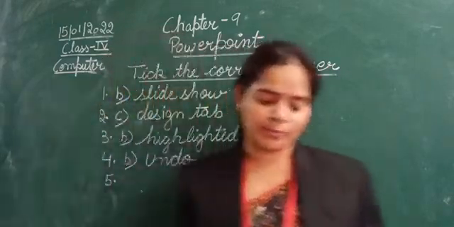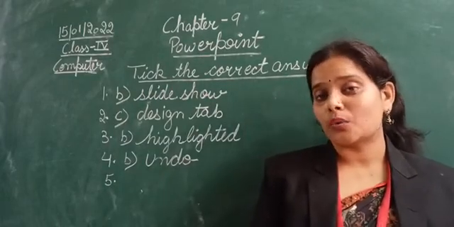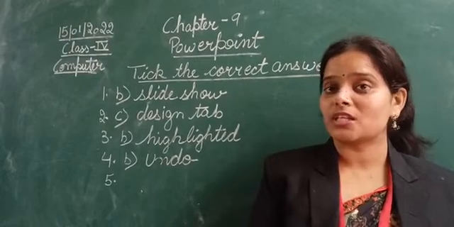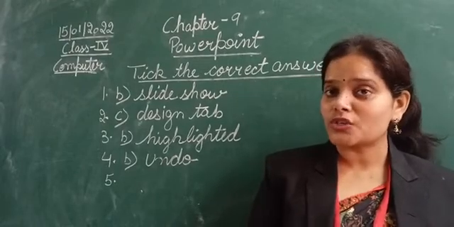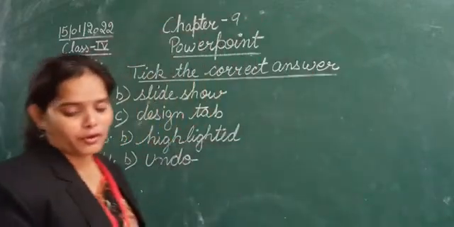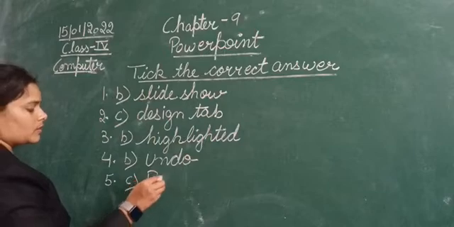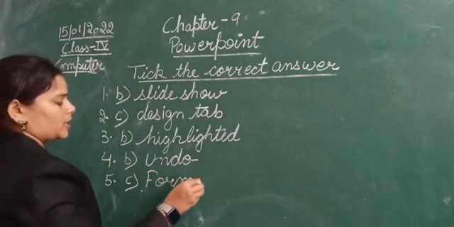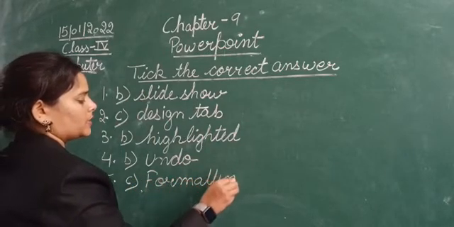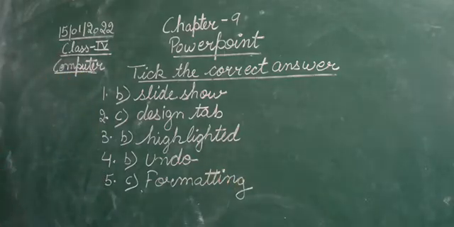When we change the color or the background or the spacing between words while making the presentation, all these changes are known as formatting. That is option number C, formatting. This is the answer for tick the correct options.